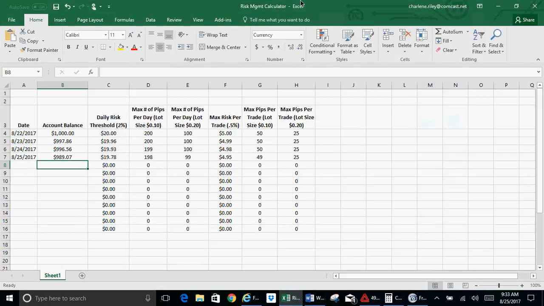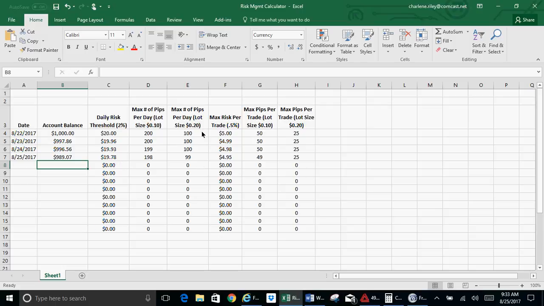Looking at my risk management calculator, my starting balance this morning was 989.07, and with my 2% daily risk threshold, that allows me to risk a total of $19.78.